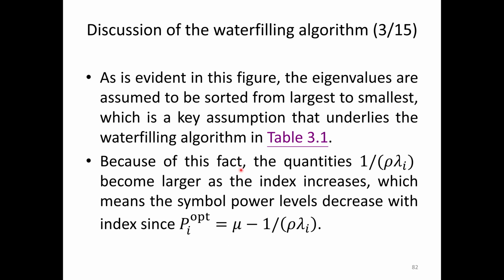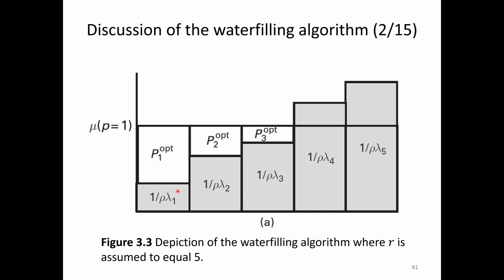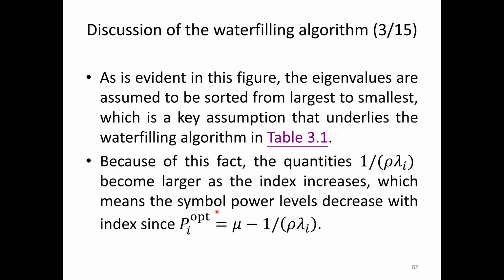Because of this fact, the quantities 1 over rho lambda_i become larger as the index increases, which means the symbol power levels decrease with index, since P_i OPT is equal to mu minus 1 over rho lambda_i.